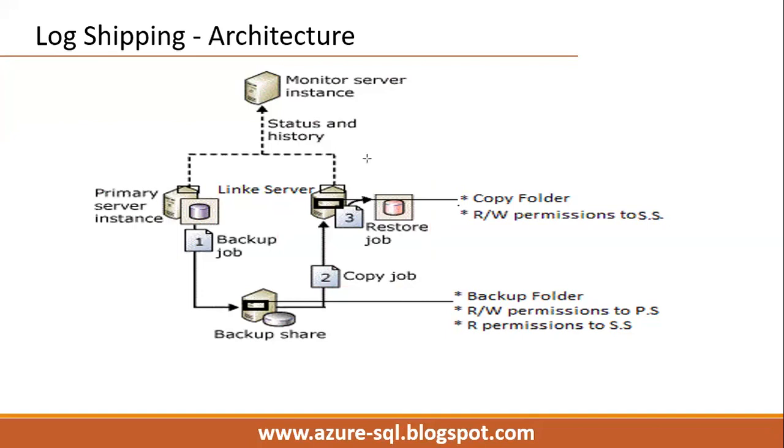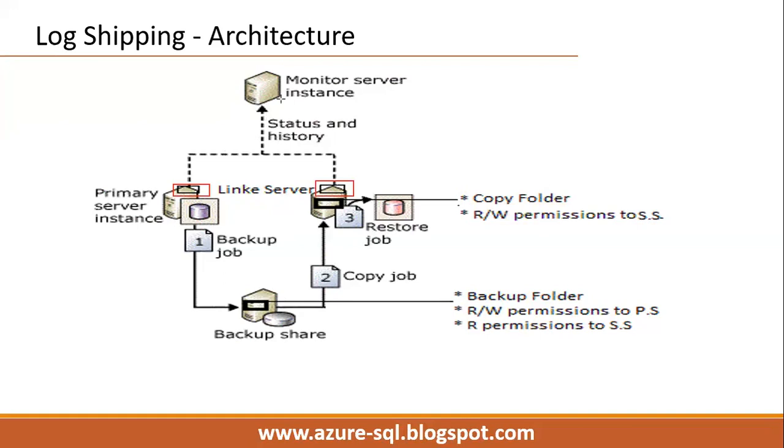Check here, the third server we have seen is the monitor server. If a monitor server is there, linked servers are created in the primary server and secondary server, which link to the monitor server. That means these backup details are updated to the monitor server. Copy and restore details are also updated into the monitor server periodically.